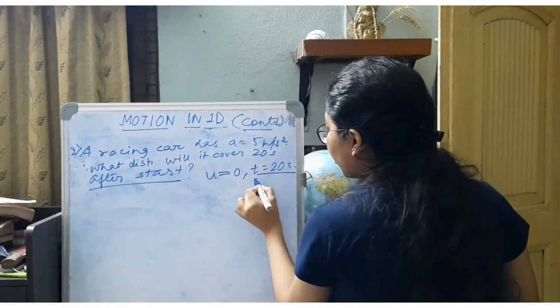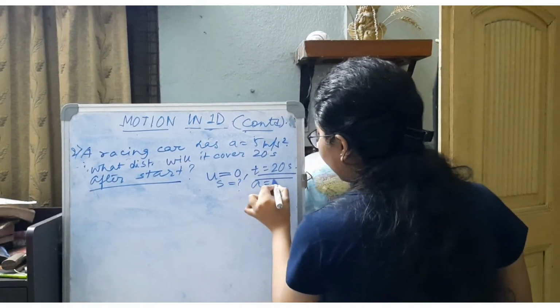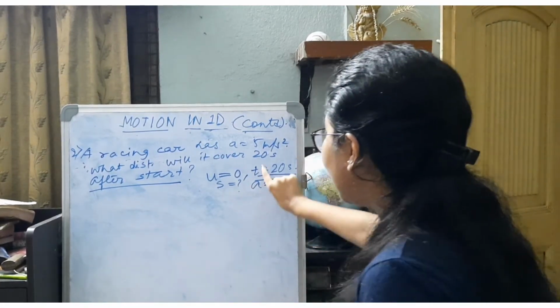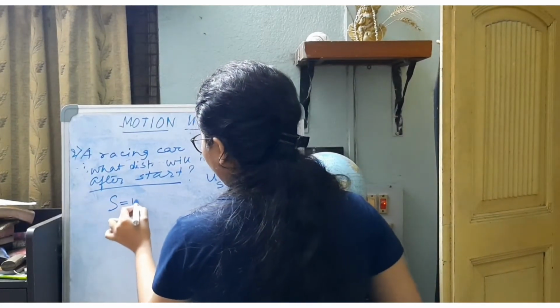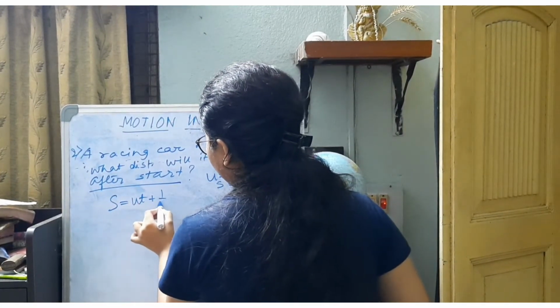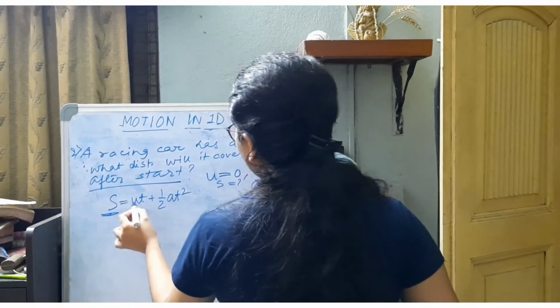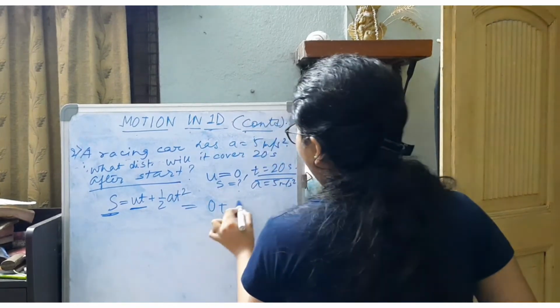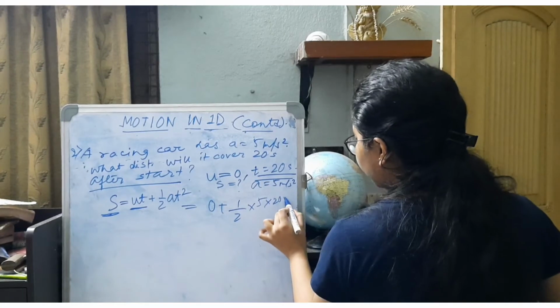After 20 seconds, what will be the distance covered? We have to find the value of s, and a is given as 5 meter per second squared. So I can see that a, t and u are given. So I can apply the second equation of motion, which is s is equal to ut plus half of at square. Then finding the distance will become easier, because u is 0, this term totally becomes 0, and for the next part it is half of 5 into 20 square.